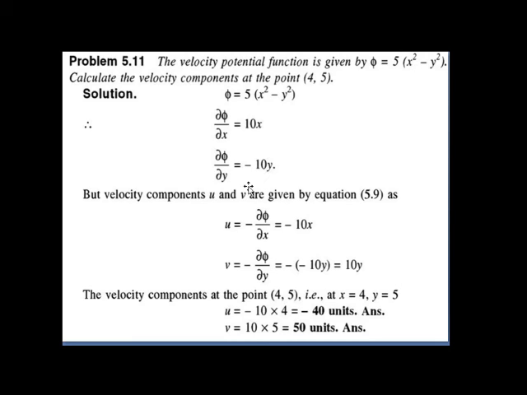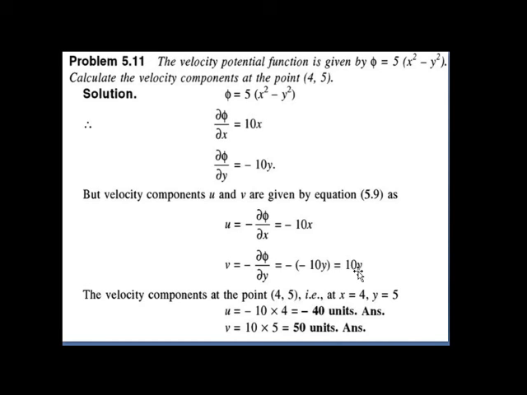But we know that for the velocity potential function, u is equal to minus dou phi by dou x, so u is minus 10x, and v is equal to minus dou phi by dou y, so it will be minus of minus 10y, which becomes plus 10y.